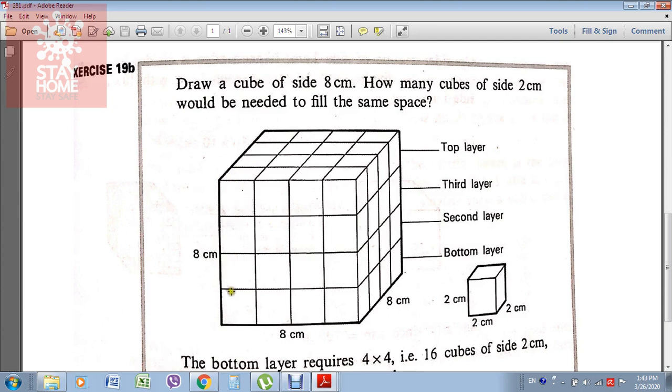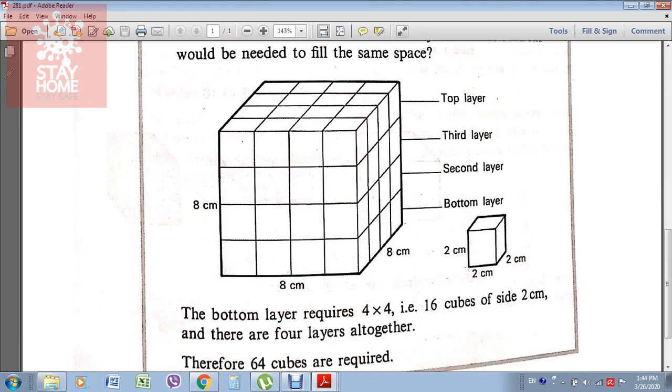All the sides are equal, 4 boxes each. The whole side is 8, so with 4 boxes, one box will definitely be 2 centimeters. How? 8 divided by 4, one box equals 2 centimeters.